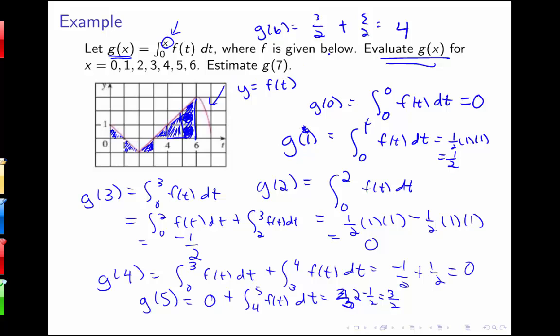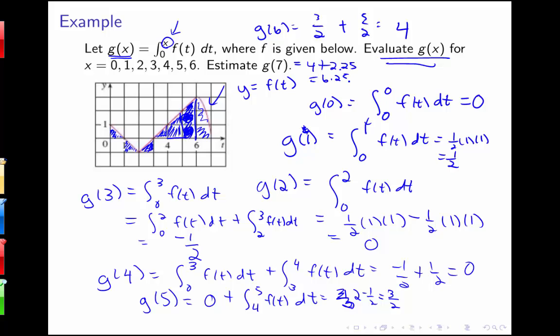G of 7, which this is telling us that we should estimate, we can't find it exactly because there's a curve here, but I know that g of 7 is going to be g of 6, which is 4, plus some of this area. So it looks like I'm going to have about 1 plus maybe a little bit, so we'll say maybe plus 2.25.